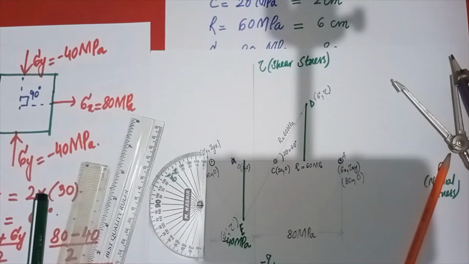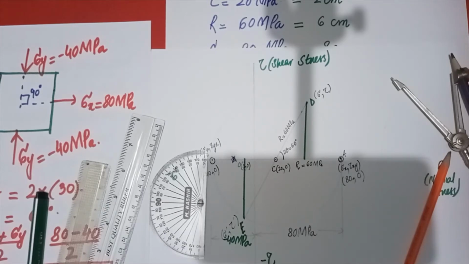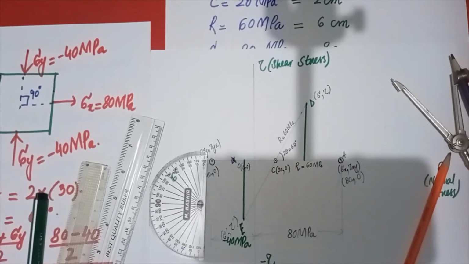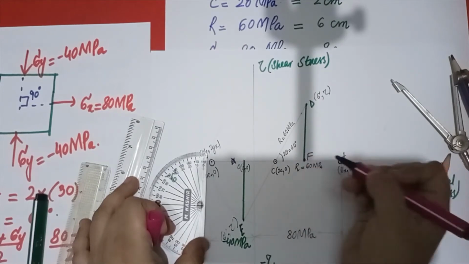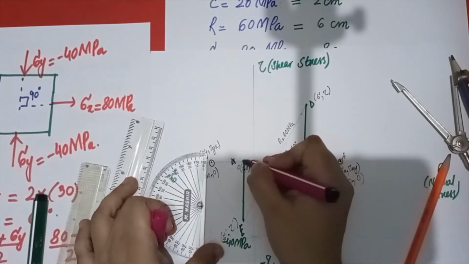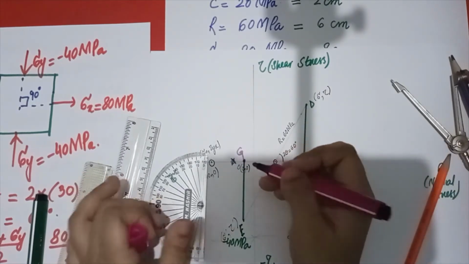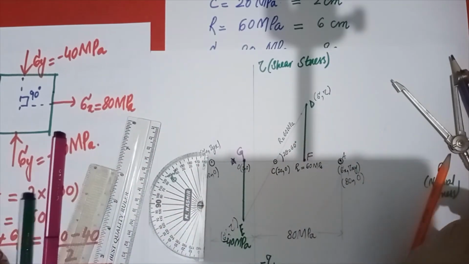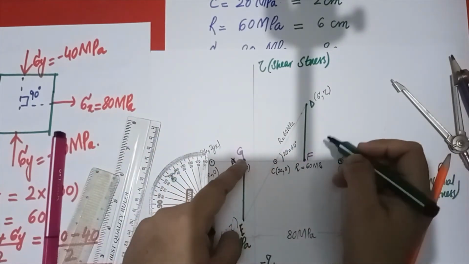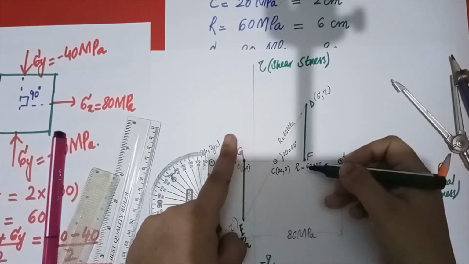For example, I am taking a different pointer, purple color, and I say this point is F, and this point is G. Keep in mind what I am going to do. Sigma should be this distance.